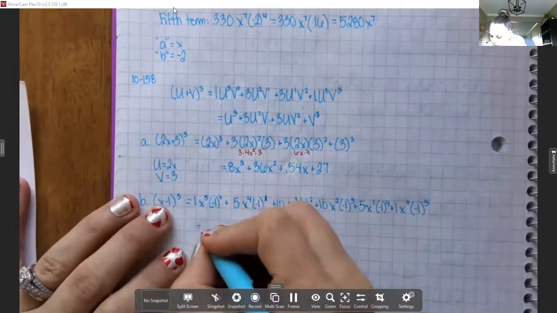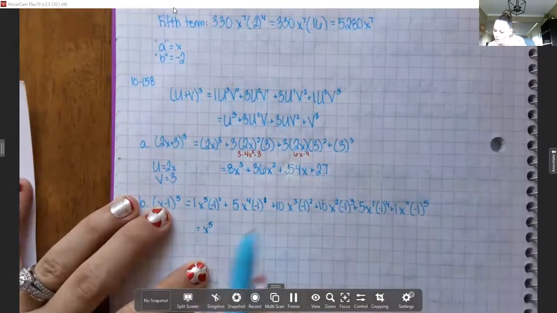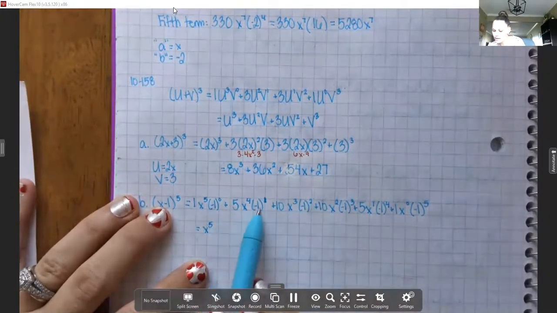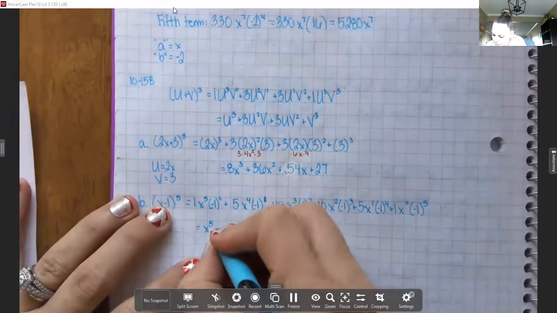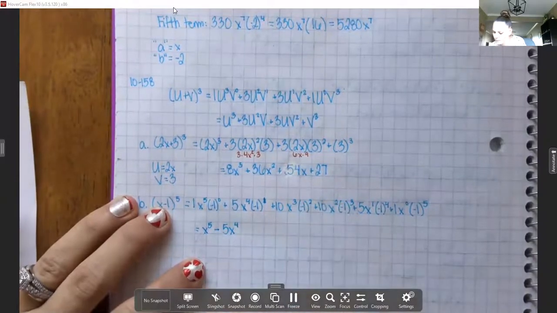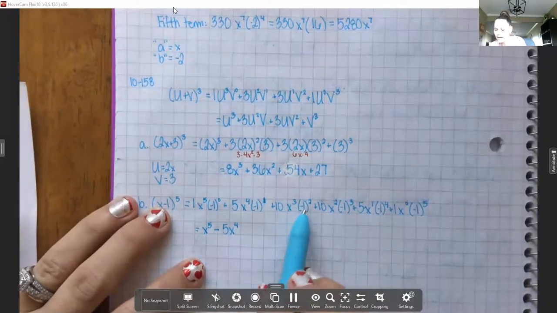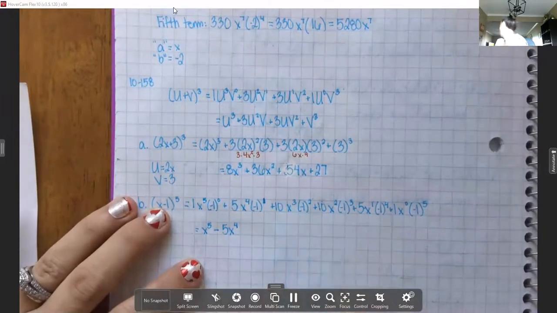So this becomes x to the 5th. So right here, -1 to the first is just -1. So this becomes minus 5x to the 4th. -1 squared we know is positive.